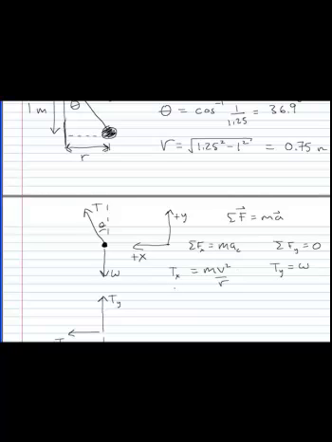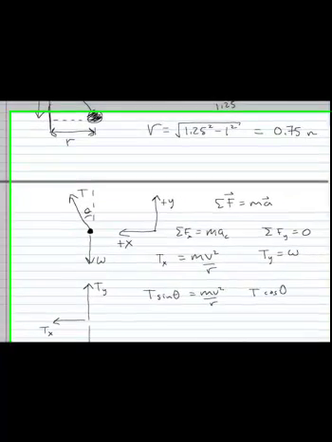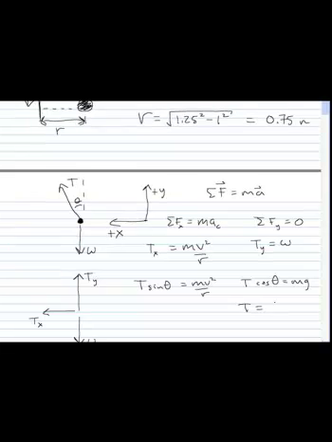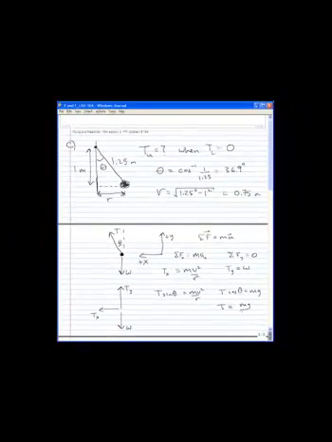My T sub x is T times the sine of theta, and T sub y is T times the cosine of theta. The weight is just mg. From the y information, I know everything but the tension, so I can solve for my tension. And I got 49.0 newtons.